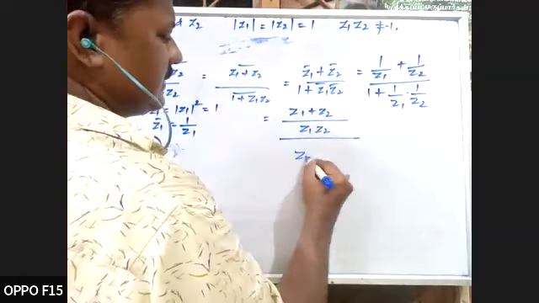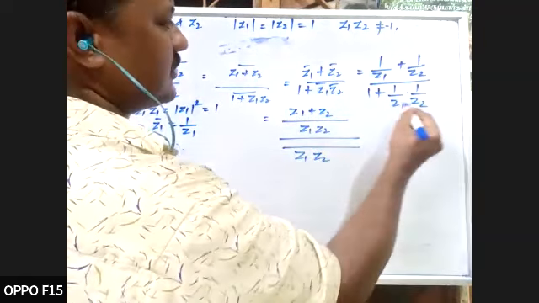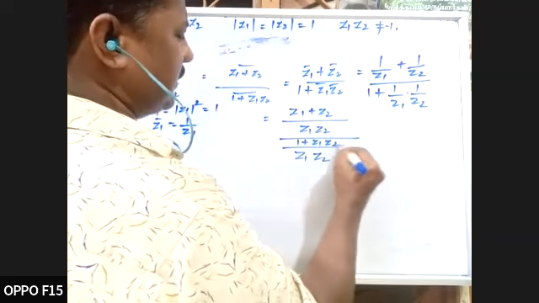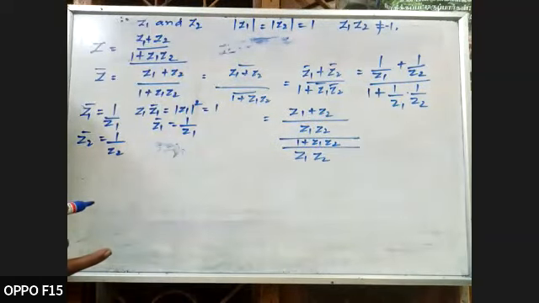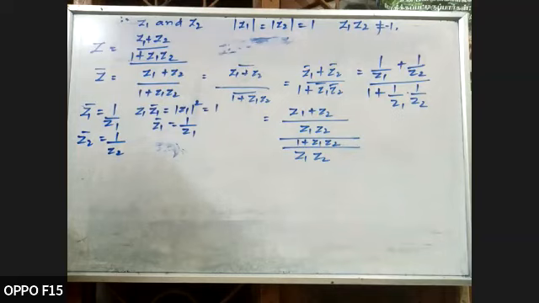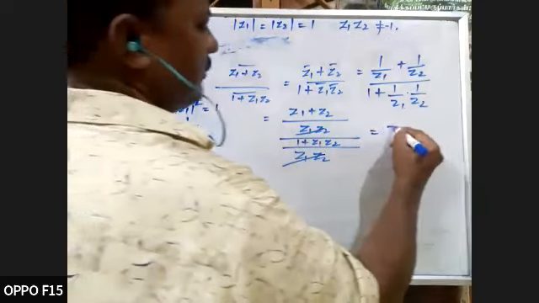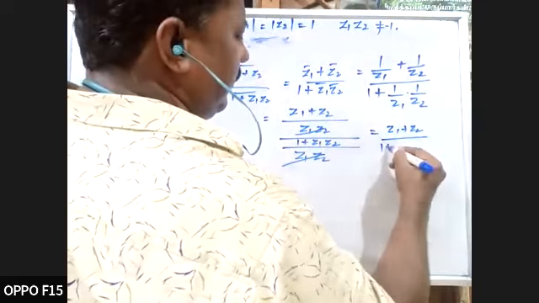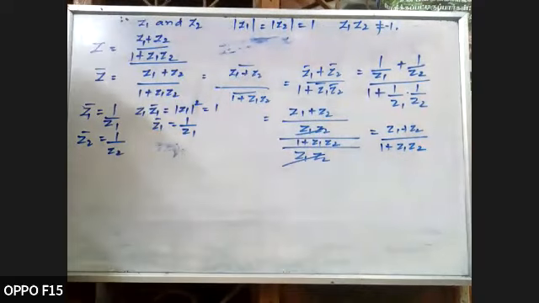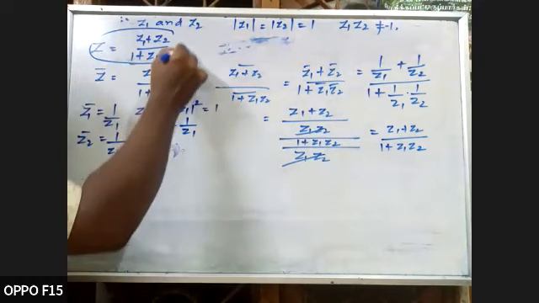Similarly at the bottom, taking the LCM Z1 Z2, we get Z1 Z2 plus 1. Okay, so Z1 Z2 cancels. We have Z1 plus Z2 divided by 1 plus Z1 Z2. Now this is nothing but Z.